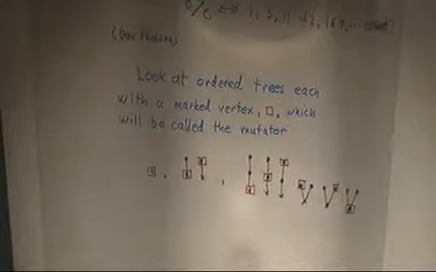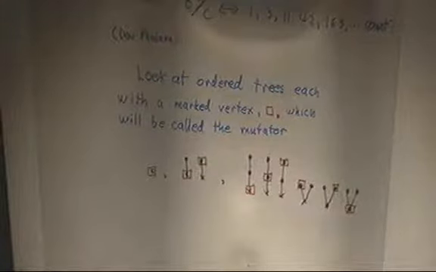It turns out that there are 1, 2, and then 6 possible ways to pick a tree and then pick a mutator. And the next one would be 20.